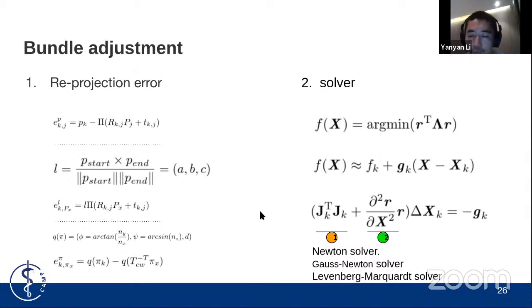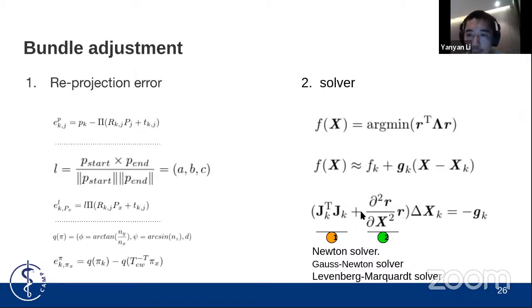Maybe I just want to show this process, why, or when we can use this Gauss-Newton solver and when we use this LM solver. If the input features and the initial pose are very accurate, maybe you can use Gauss-Newton. But if they are not very good and even very noisy, then maybe you cannot use it since it cannot converge finally.